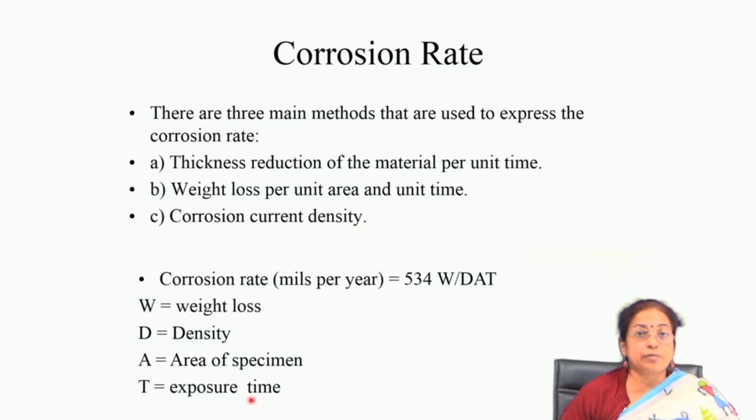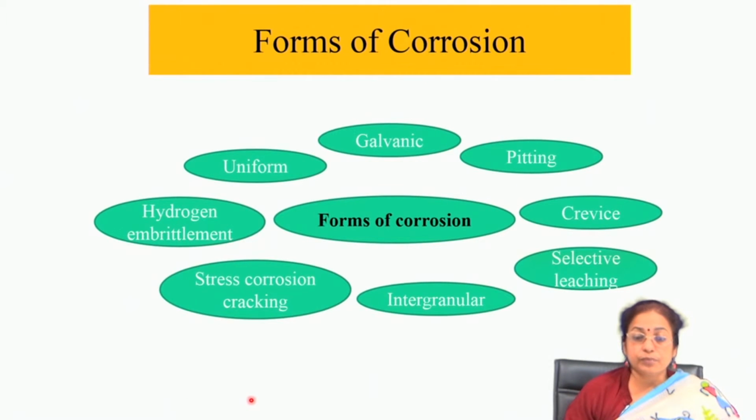Corrosion rate is usually presented in terms of mils per year, which is 534 W, where W is the weight loss, divided by density times area of the specimen times the exposure time.